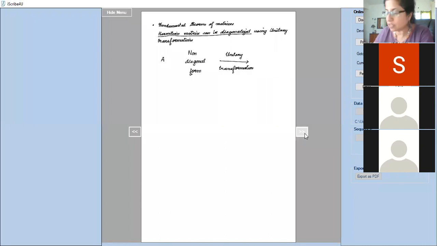What is the advantage of the unitary transformation? Physics does not change, right? Correct? Everything remains the same. And then you can come to a diagonal form.